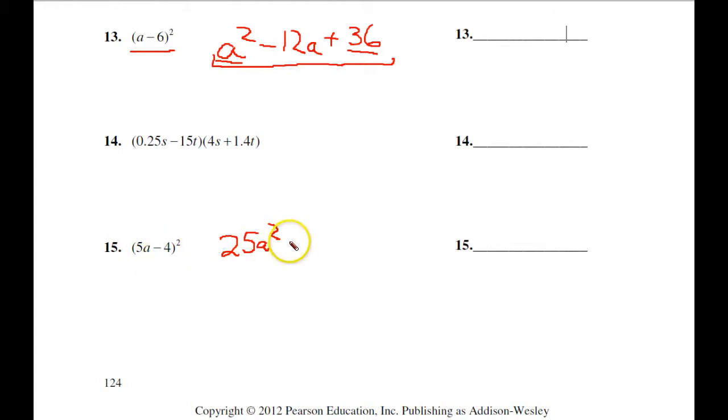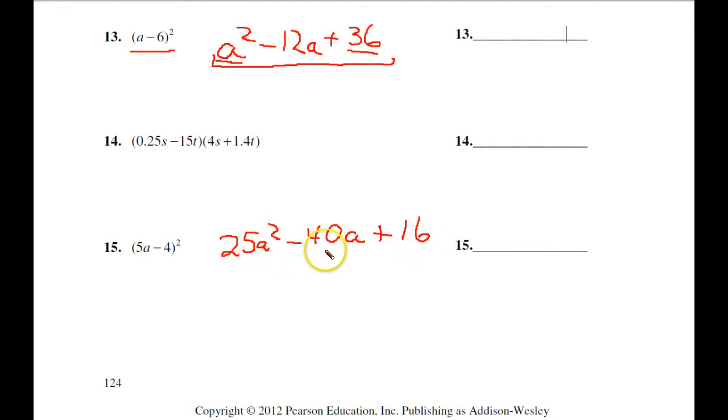Now you have to double it, and then you're going to square a -4 and a -4. Again, it's always going to give you a positive, and in this case it's 16. So what is this called?